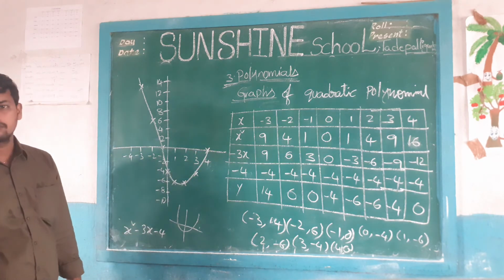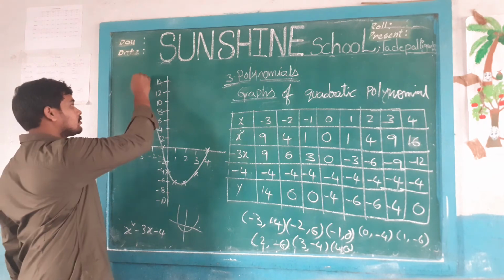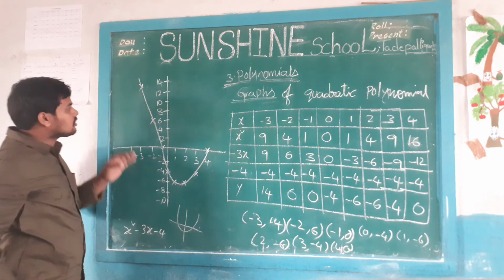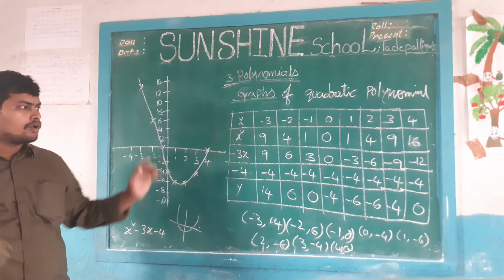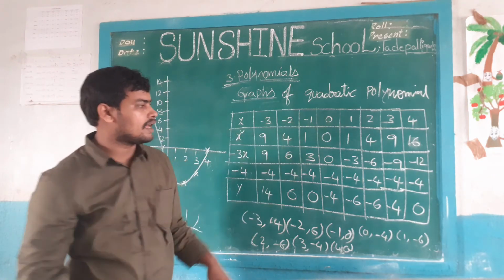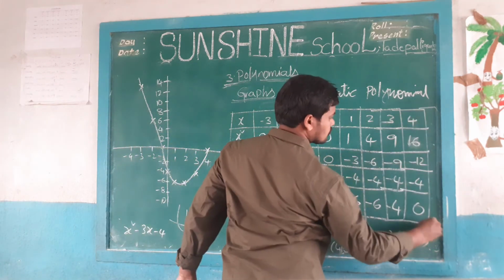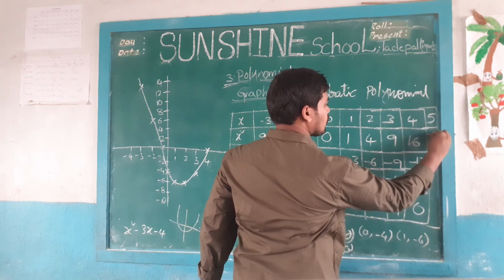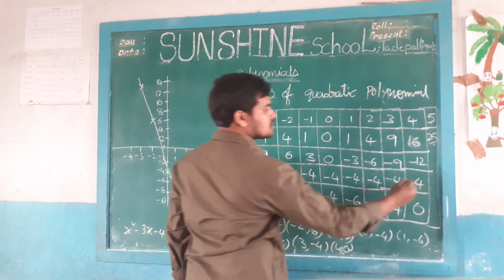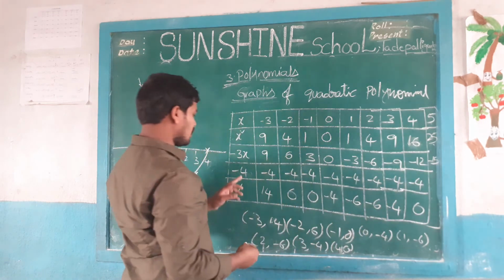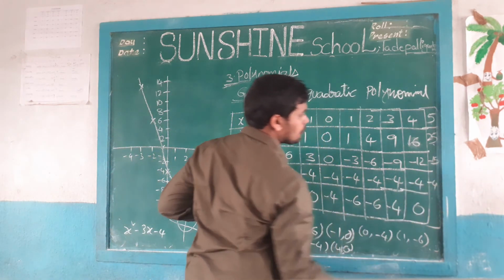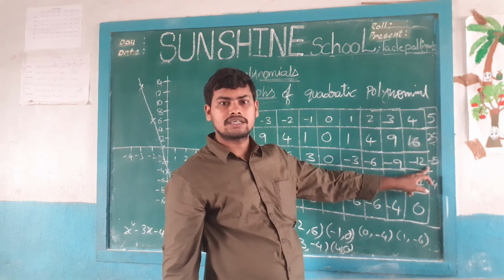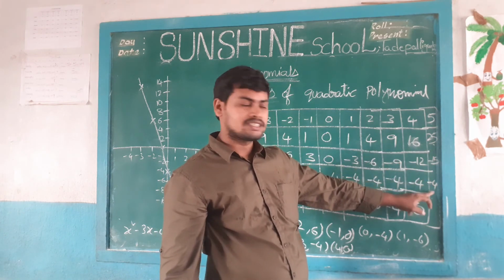So the graph is in the shape of like this. You need to extend this graph. So you need to take another term, next 5. 5 square, value 25. 5 into minus 3, minus 15. 25 minus 15, 10. 10 minus 4, 6.